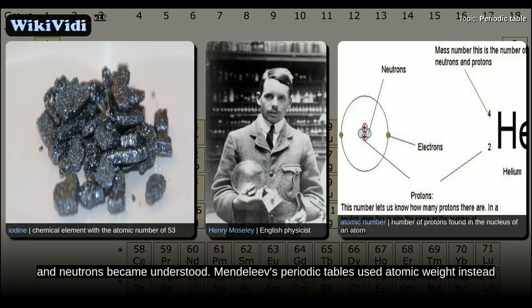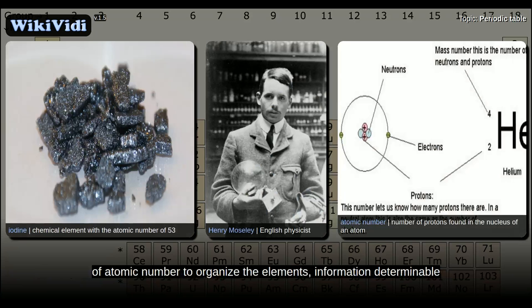Mendeleev's periodic tables used atomic weight instead of atomic number to organize the elements, information determinable to fair precision in his time. Atomic weight worked well enough in most cases to give a presentation that was able to predict the properties of missing elements more accurately than any other method then known.